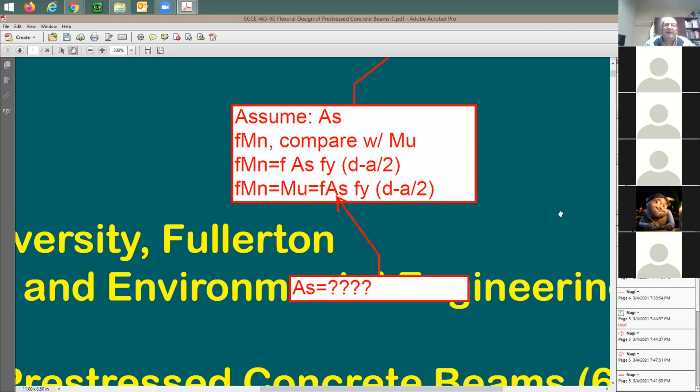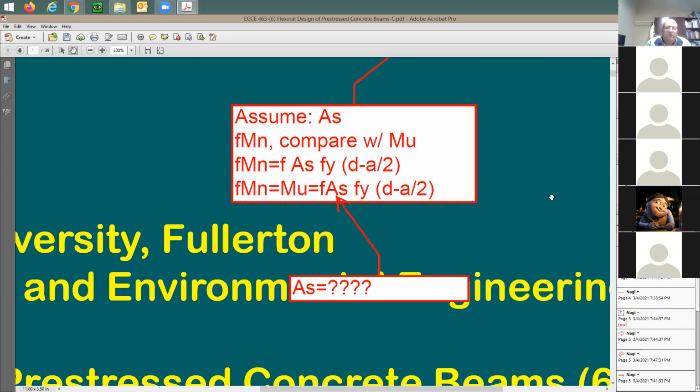And after you solve for AS in square inches, you see here how many rebars you'd like to go with, right? And then after that, you put, I'm gonna be using, let's say, 3 number 7 or 4 number 7. It's gonna be good. Am I clear now about the different approach in design?